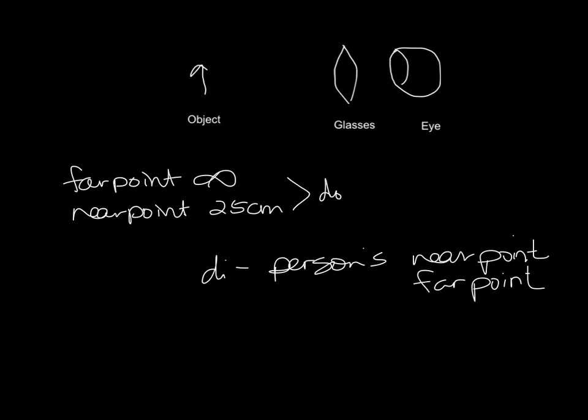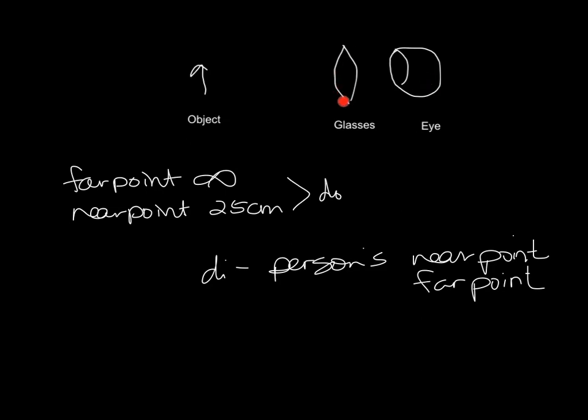Because, okay, let's think about this. This is what's normal. And so I want to be able to view with my eyes something at 25 centimeters. But the image formed by these glasses is going to be the object for my eye.